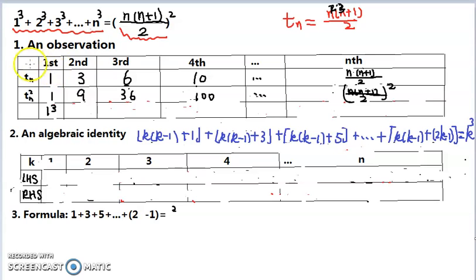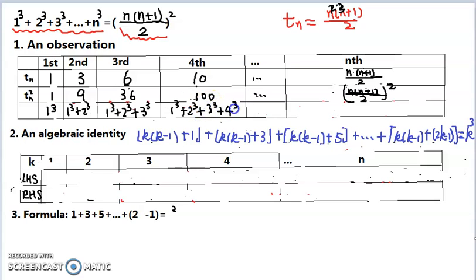But if n equals 1, that means we only have 1 cube, which is the first cube. Now, when n equals 2, we're adding the first 2 cubes. When n equals 3, we're adding the first 3 cubes. When n equals 4, we're adding the first 4 cubes.